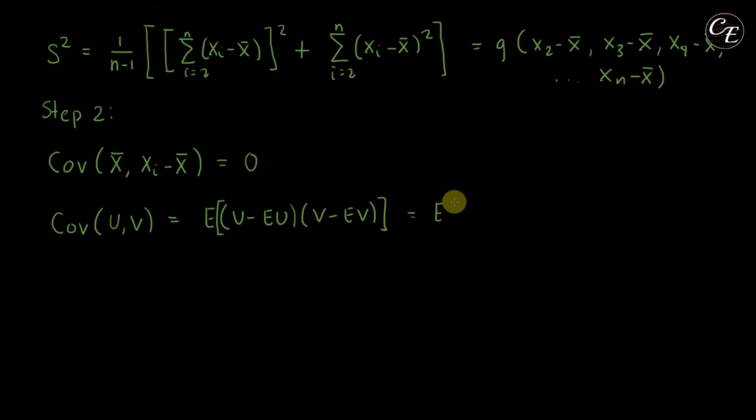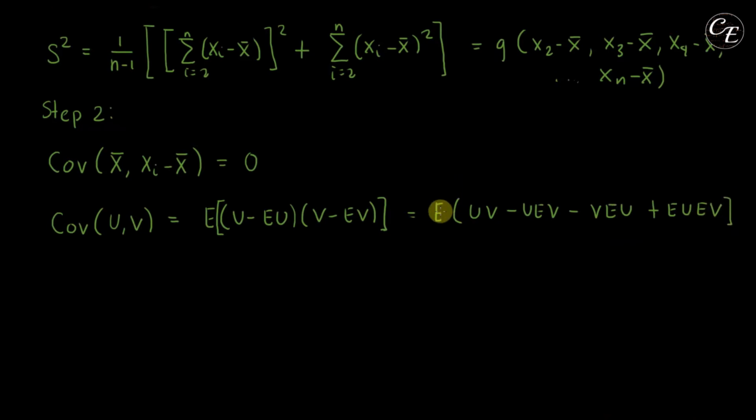So we have expectation of u times v, then u times negative expectation of v, then negative expectation of u times v, then negative expectation of u times negative expectation of v, which is plus expectation of u times expectation of v.